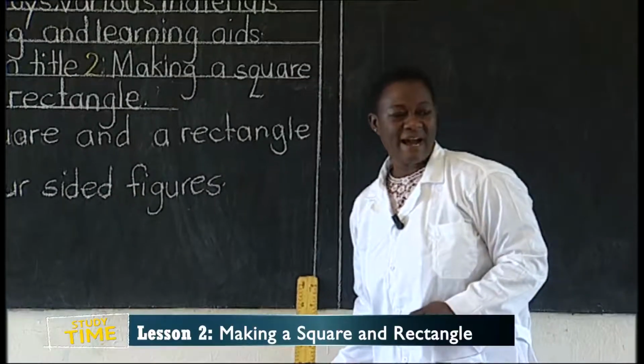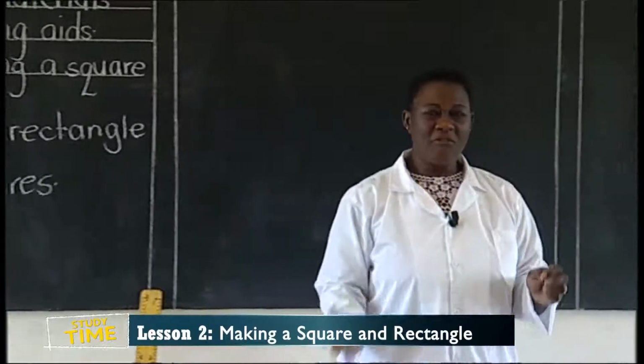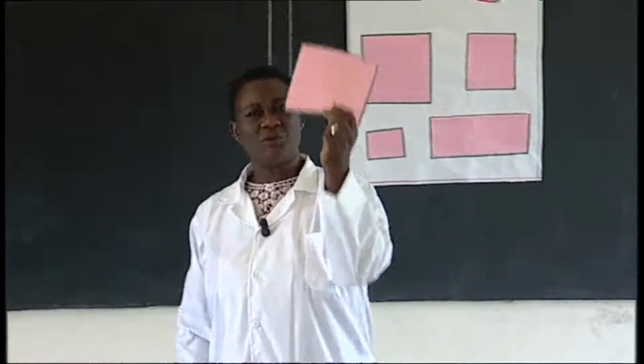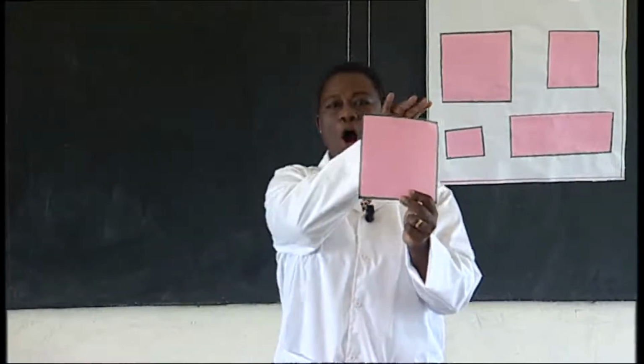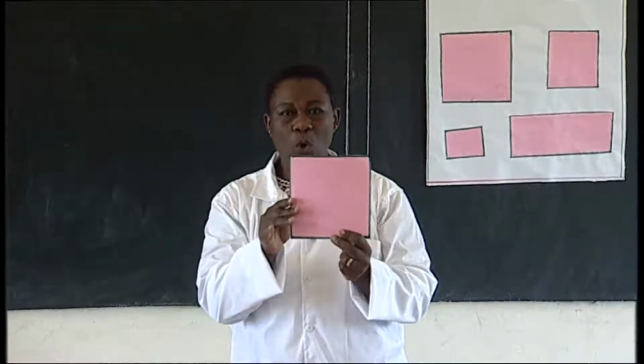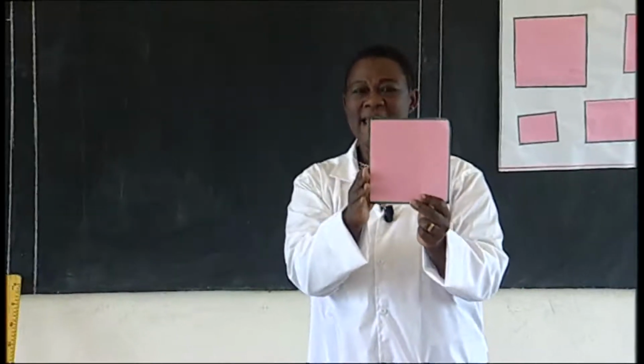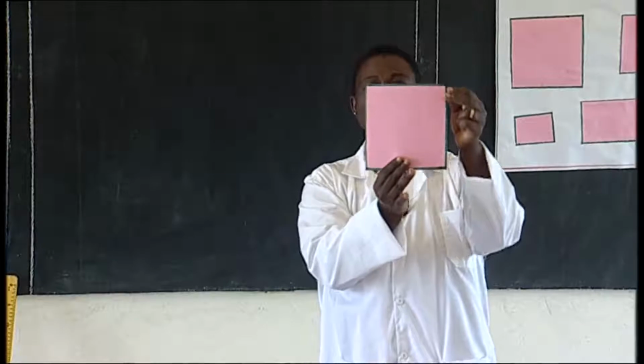But these figures have four sides, and for the square, all the sides are equal. This side is equal to this side, is equal to this side, is equal to this side.